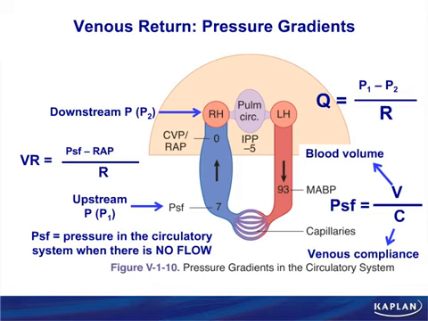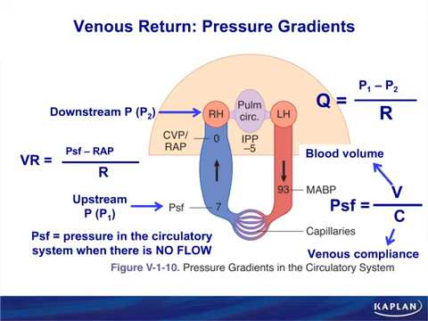As we discussed earlier with compliance, if we're thinking no flow, and we're thinking about factors that influence pressure when there's no flow, then it's volume and compliance. PSF is directly related to volume and inversely related to compliance. All right, so let's think about volume. Volume where? Well, blood volume. This is total blood volume.